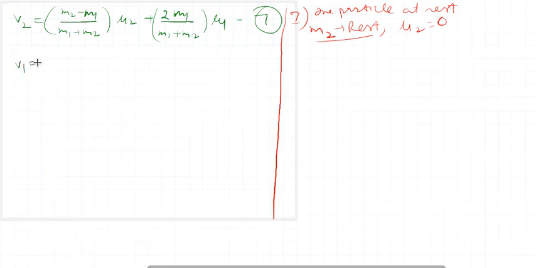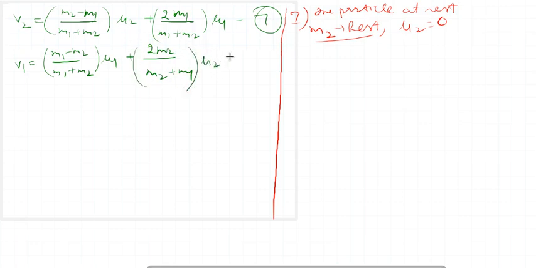V1 is equal to (M1 minus M2) divided by (M1 plus M2) U1 plus 2 M2 over (M2 plus M1) U2, which we have to keep in mind. Let me call this equation number 6.